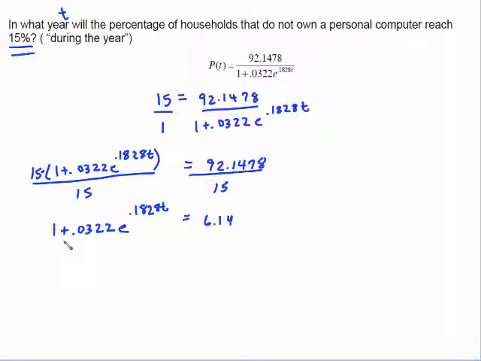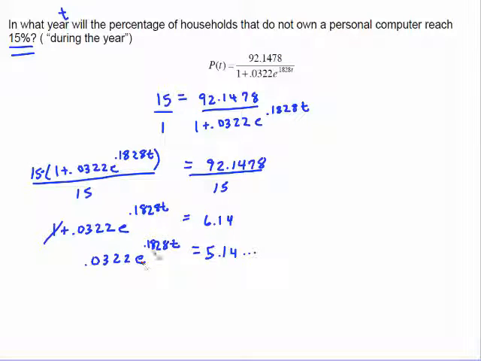The next thing I would need to do is subtract 1 from both sides. So on your calculator, you can subtract 1 from this number, which will now be 5.14, etc. Leave that whole number on your screen. And over here now, the 1 is gone. This is 0.0322e to the 0.1828t.